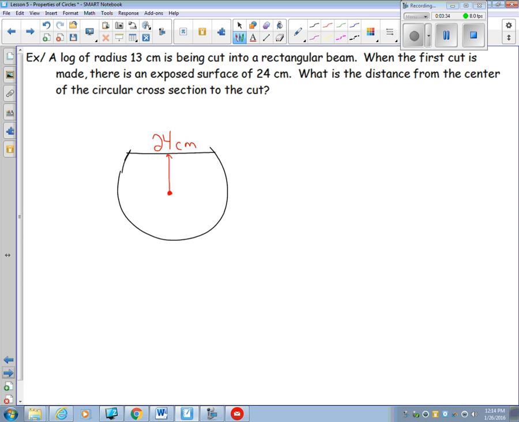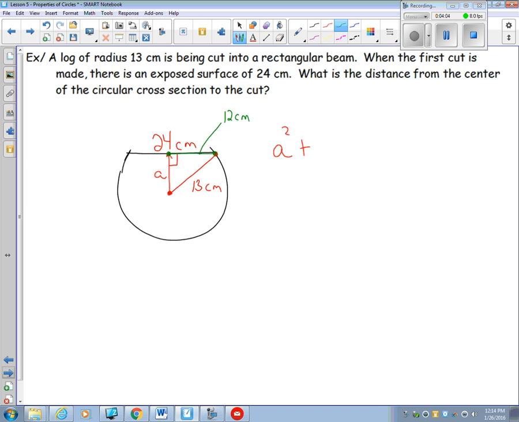Now, if we read the question initially, the first line of it tells us that the radius to the point on the outside would be 13 centimeters. Look at the diagram I just drew. I can recognize that as a right angle triangle where I need to know this value right here, letter A, and I can solve that using Pythagoras again. Okay, so I got a squared plus b squared. Now b, you gotta be a little careful here. B goes from here to there, which is half of that distance, right?